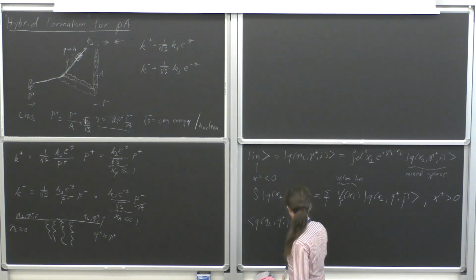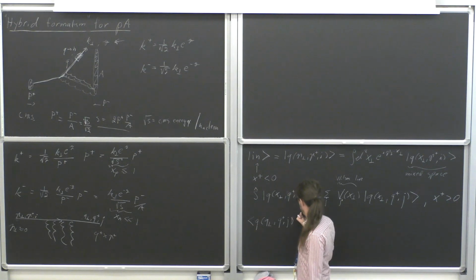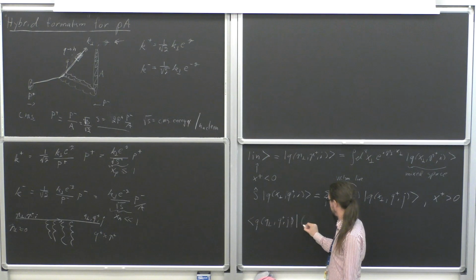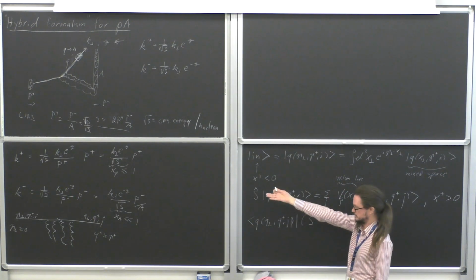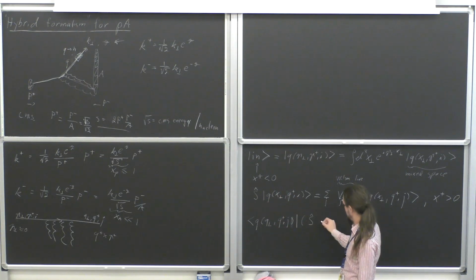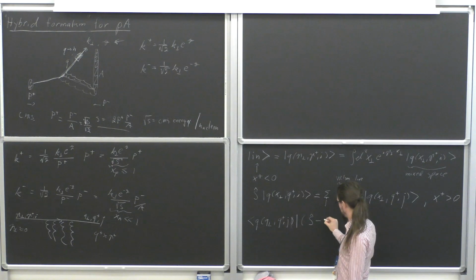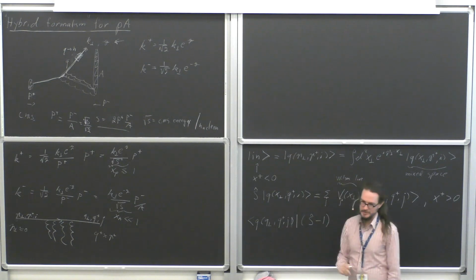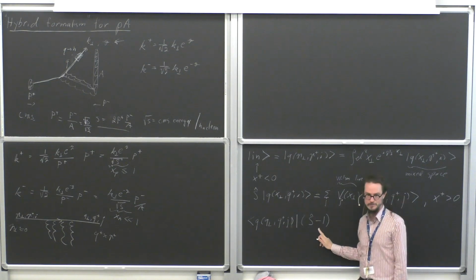Then I want to take the outgoing state corresponding to whatever was my incoming particle. Physical reasonableness requires that I subtract the 1, and the 1 corresponds to nothing happening.